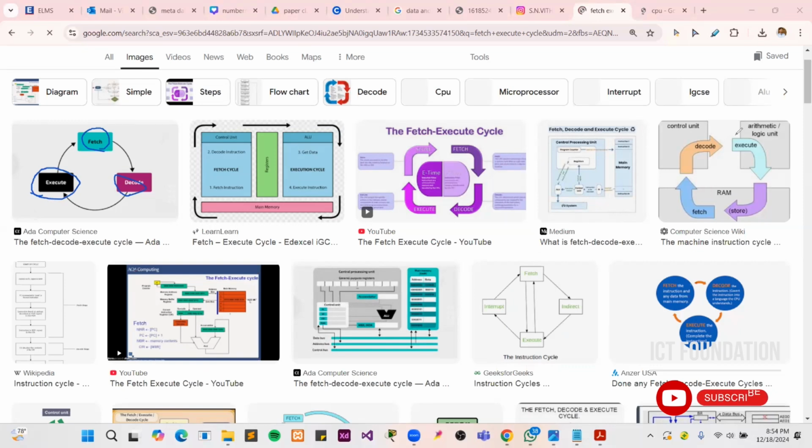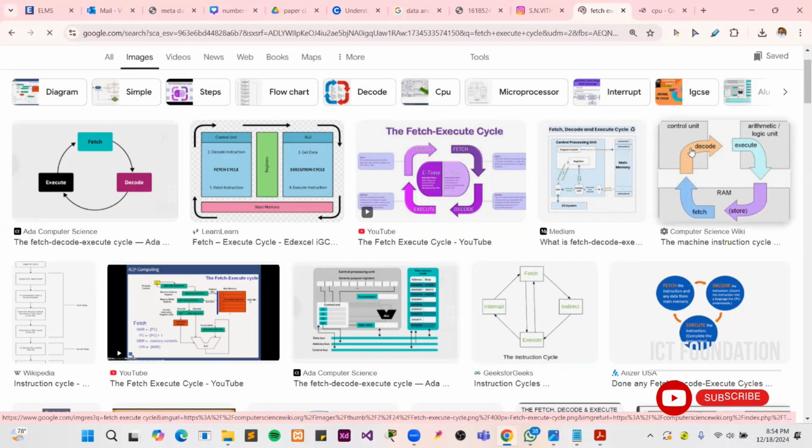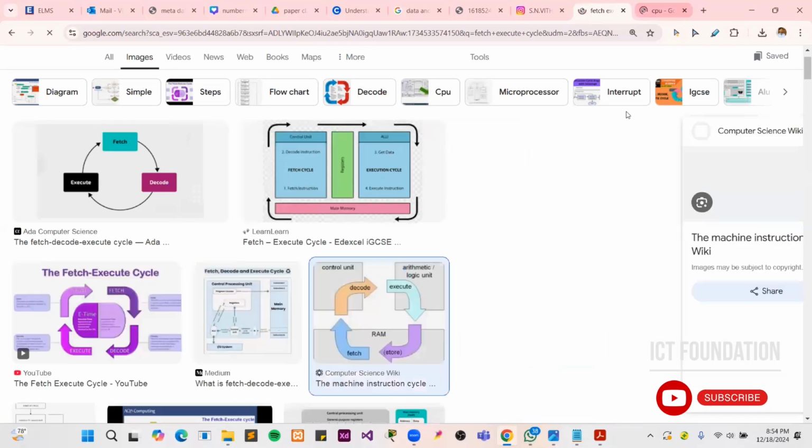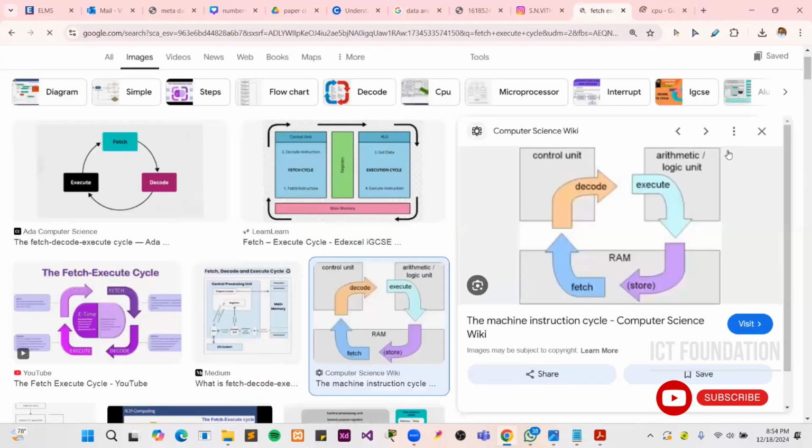Fetch, execute, decode, and storing the instruction. Okay, you can see this window here. This is a relevant image for you. First one, decode.